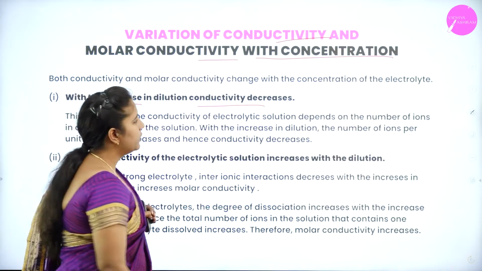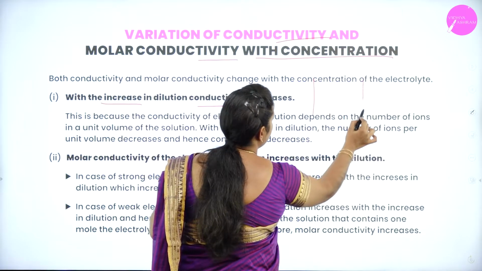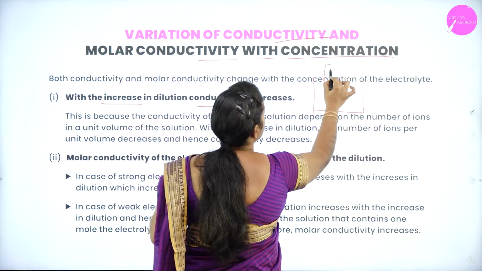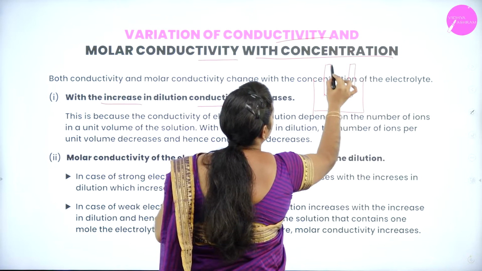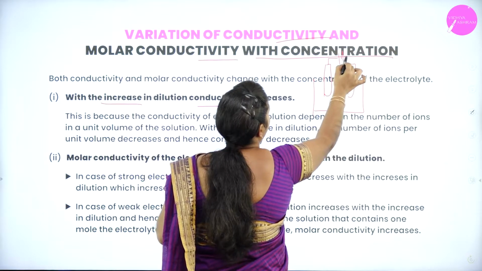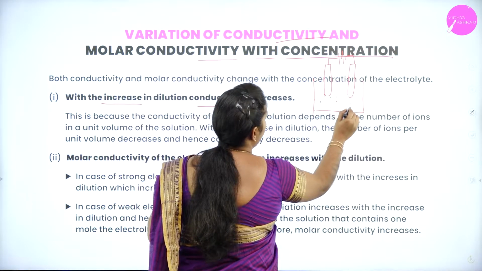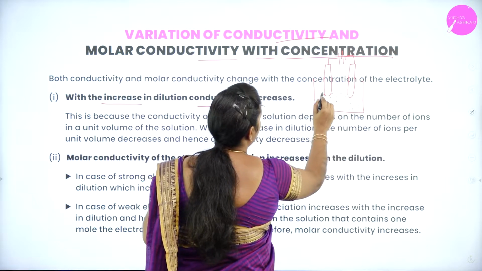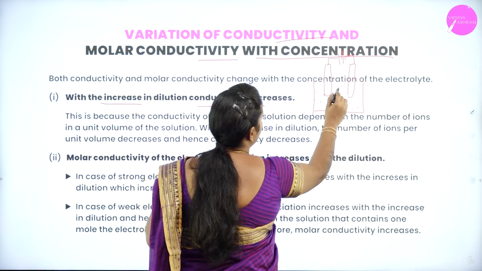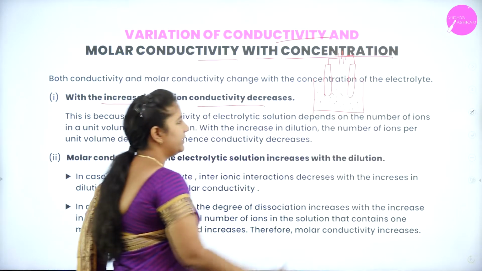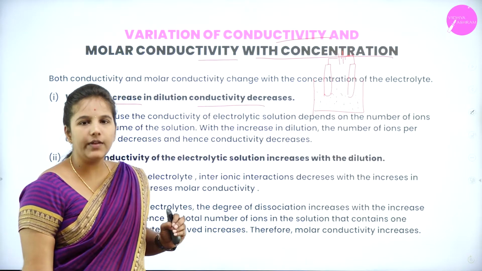Why? Suppose you take a container which consists of an electrode connected to the positive and negative terminals of the battery, and this is an electrolyte present in the solution. If you dilute this solution, what will happen?